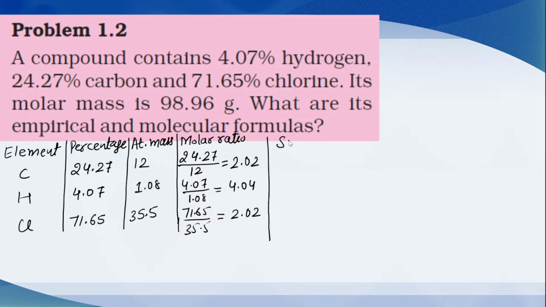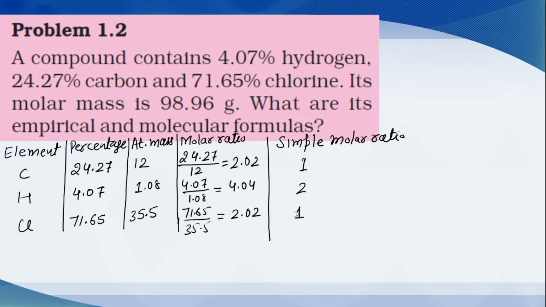So the simple molar ratio is 2, 4, 2. Divide each one by 2.02 and it is 1 to 2 to 1.